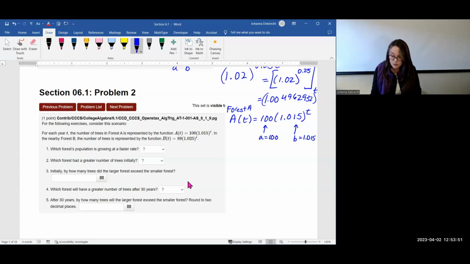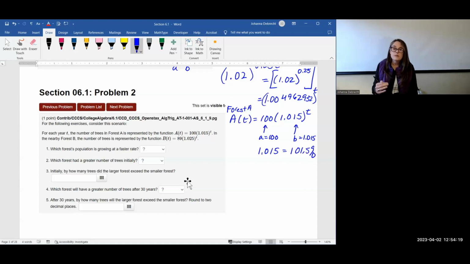This 1.015 actually means that the 1 says whatever was there before is going to be there the next time, plus I'm adding 1.5% each time. How did I get that? Well, I took the 1.015 and I thought of this as 100 and 1.5%, right?